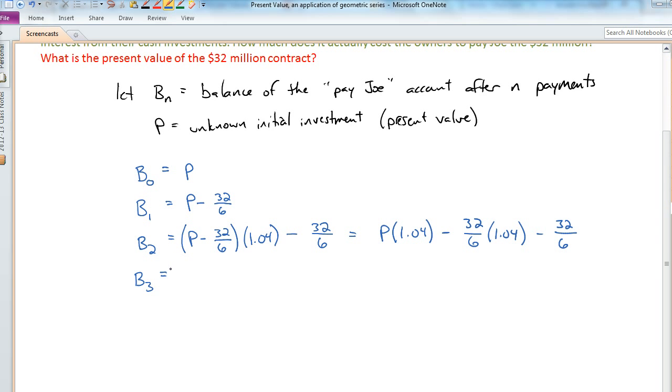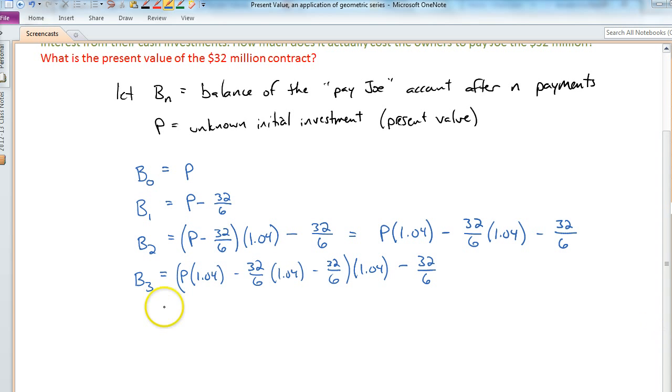I take the amount that was in the bank for the entire year, and it earns interest. P times 1.04 minus 32 over 6 times 1.04 minus 32 over 6. This whole amount earns interest. And then a year later, I have to pay Joe again.